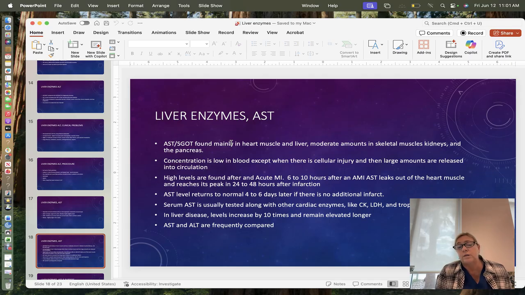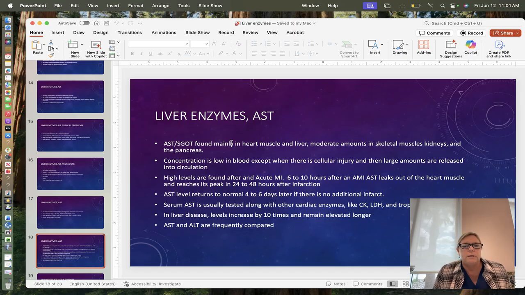So we do look at these liver enzymes if we're ruling out MIs. AST levels tend to return to normal 4 to 6 days later if there's no additional infarction happening. Serum AST is usually tested along with other cardiac enzymes like your CK, your LDH, and of course our troponins.